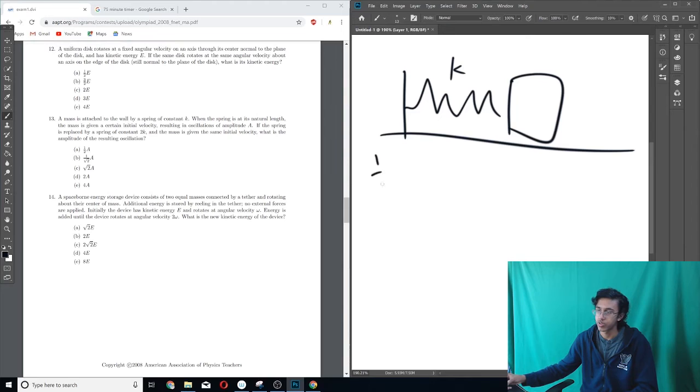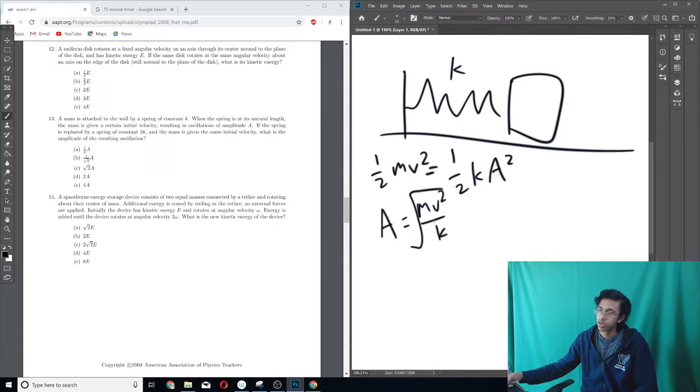So it starts with this much energy, which is its total energy, and at the end it ends with pure potential energy. That's represented by 1/2 kx squared, but in this case it's just A squared. We know that m and v are constant, but k is what changes. Initially our amplitude is this, but after you change k to 2k, you have to divide A by root 2. So the answer is B.